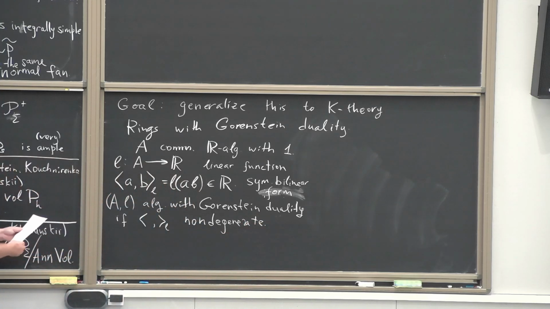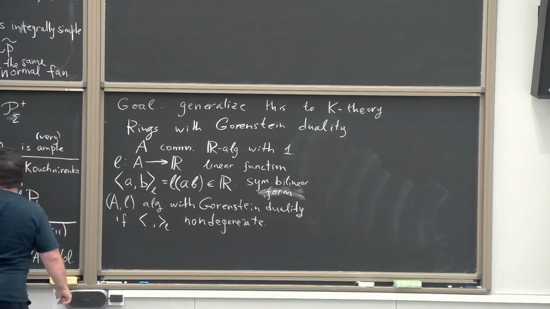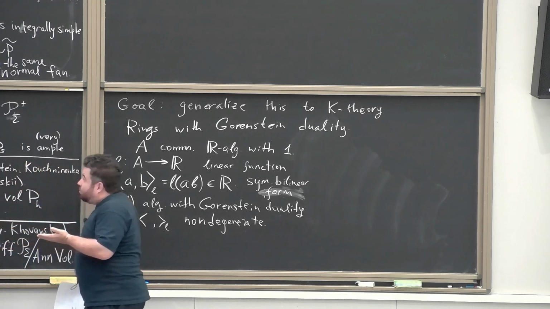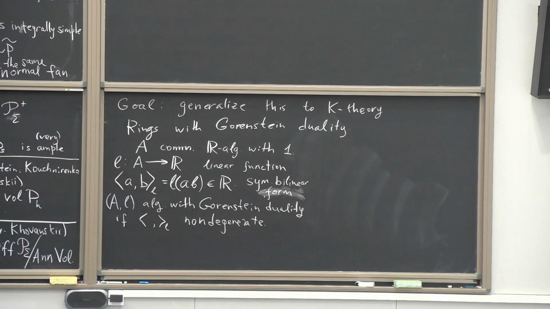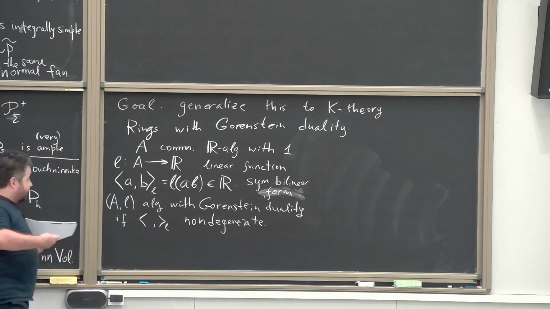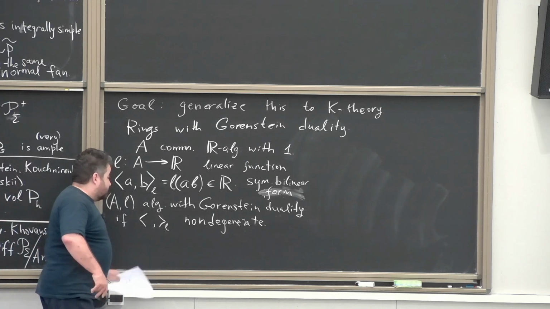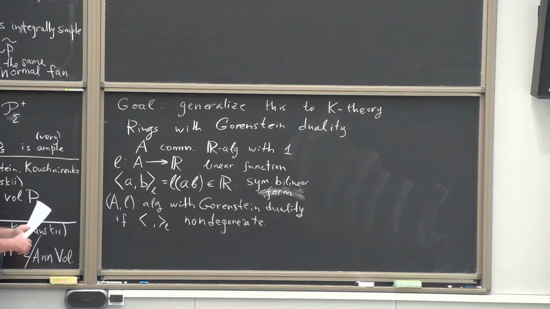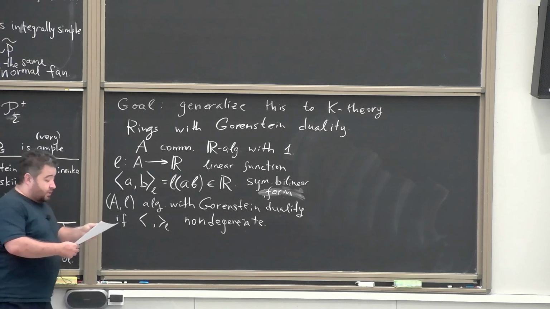Our goal is to generalize this construction. This construction is a particular case, because here the form was just Poincare duality on the graded algebra. This algebra is not graded anymore, but somehow I have a God-given symmetric bilinear form, which is non-degenerate.